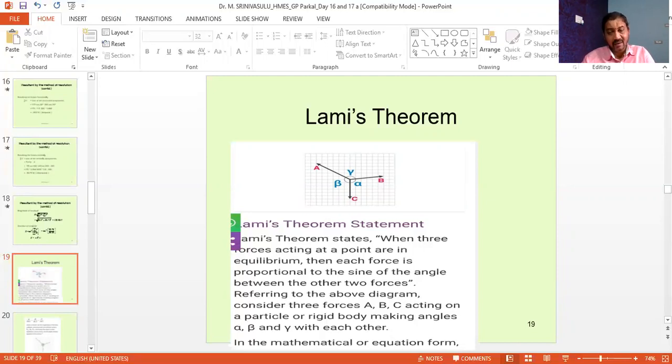And in case of force C, the angle between the other two forces, that is A and B, that is gamma, is to be taken. Therefore, A is proportional to sin alpha, B is proportional to sin beta, and C is proportional to sin gamma.